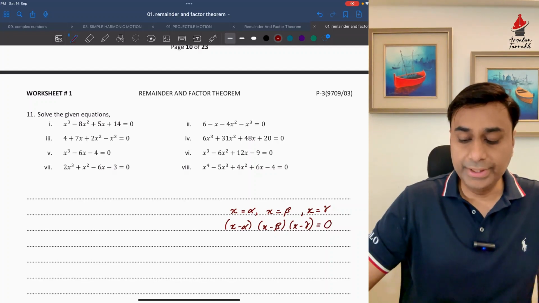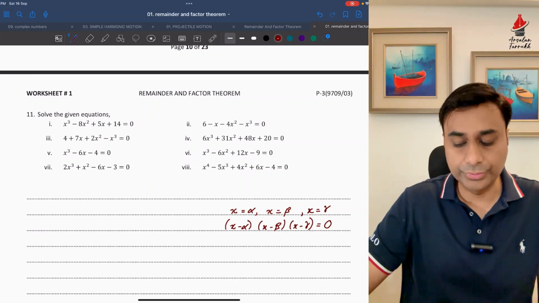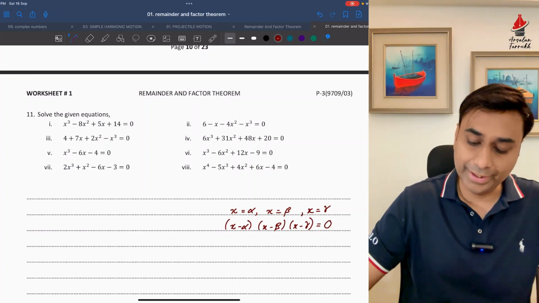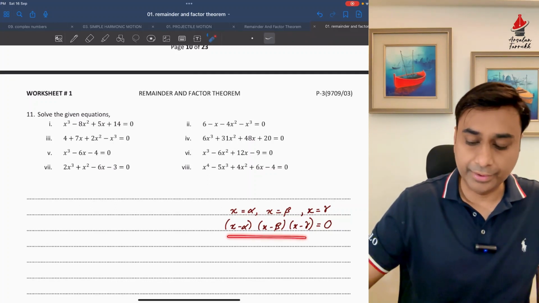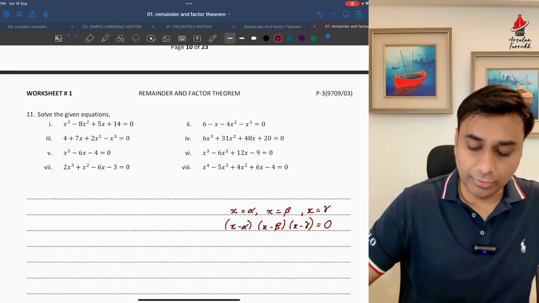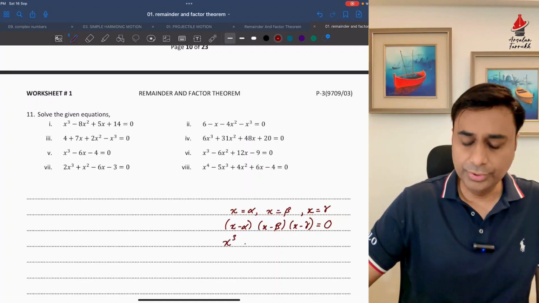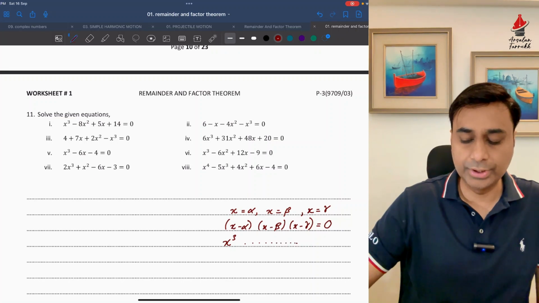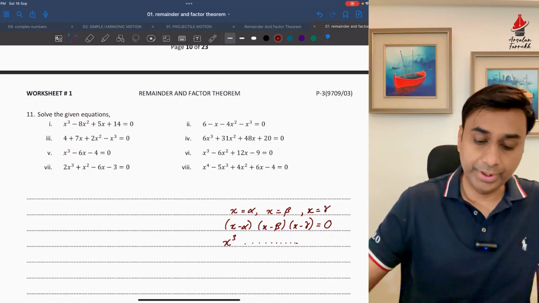Now, if these are the factors, something that I really want to highlight is that if you multiply these three factors, then of course the coefficient of the first term, which is x cubed, should be 1. Then you would have a term in x squared, and a term in x as well, which is not very important at the moment.